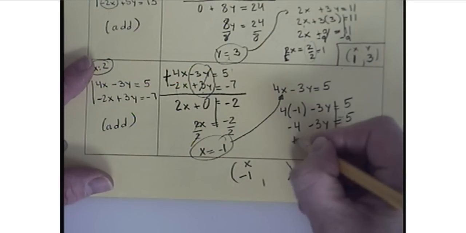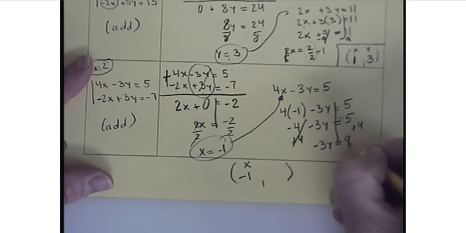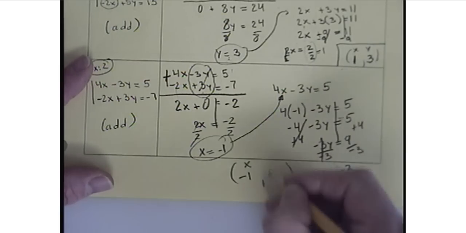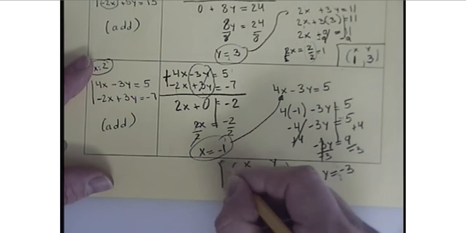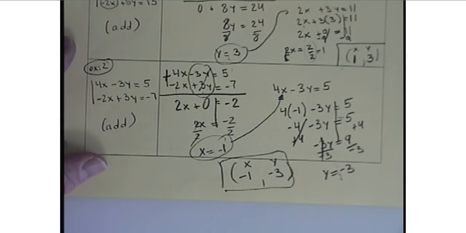Then plus 4 on each side, those two cancel. Negative 3y is equal to 9. One more step is to divide by negative 3, so y equals negative 3 will be my second part of the final answer. So the solution for this system is x equals negative 1, y equals negative 3.